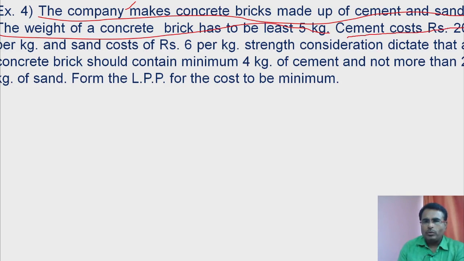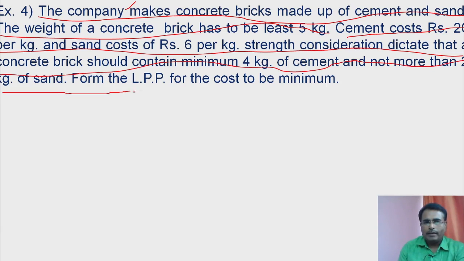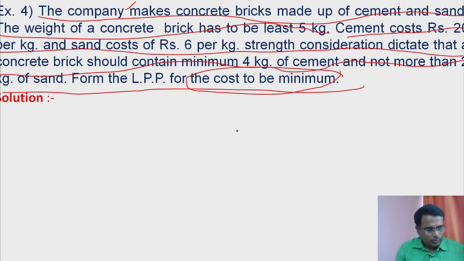Cement costs rupees 20 per kilogram and sand costs rupees 6 per kilogram. Strength considerations dictate that the concrete brick should contain minimum 4 kg of cement and not more than 2 kilograms of sand. Form the LPP for cost to be minimum. So, our aim or our objective is to minimize the cost. So, let us see how to consider the solution of this problem.